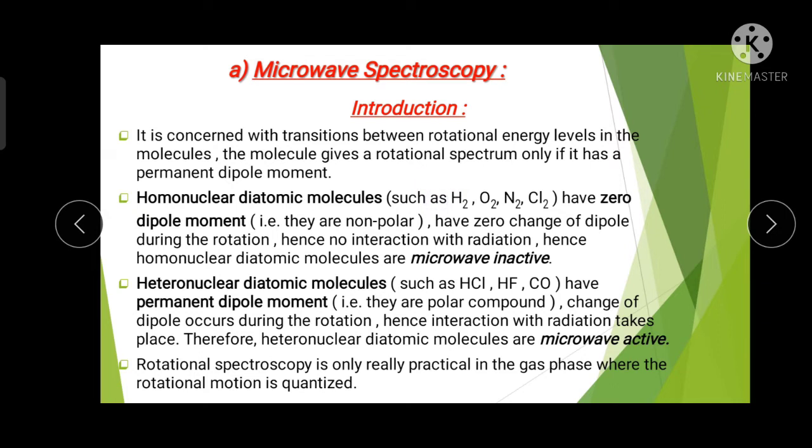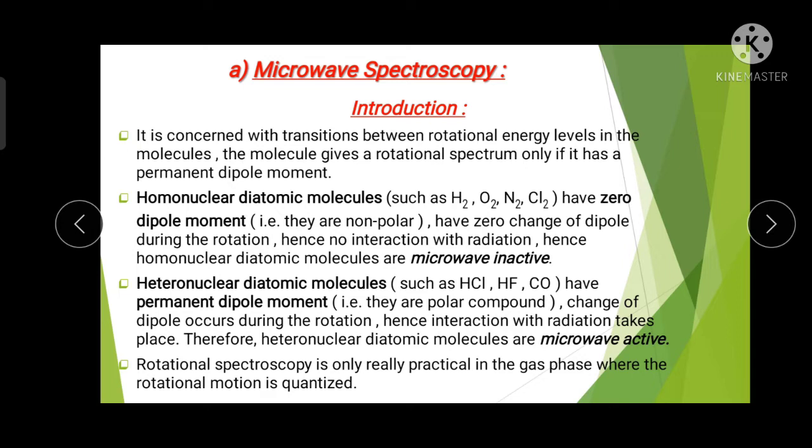But H2 is a homonuclear diatomic molecule: the atoms are the same, but they are diatomic, that means two in number, like H2, O2, N2, Cl2. So homonuclear diatomic molecules, hydrogen, oxygen, nitrogen and chlorine, have zero dipole moment, because these are all non-polar molecules. Only polar molecules have a nonzero dipole moment.